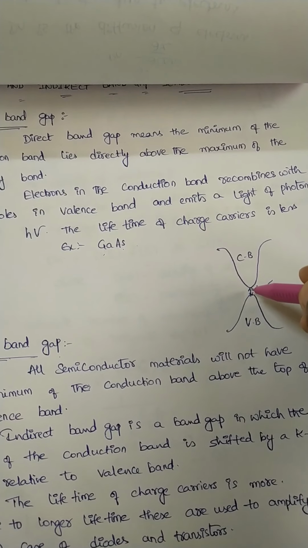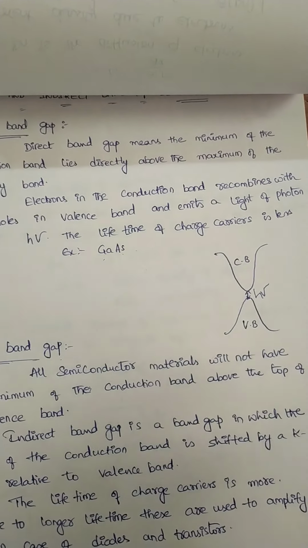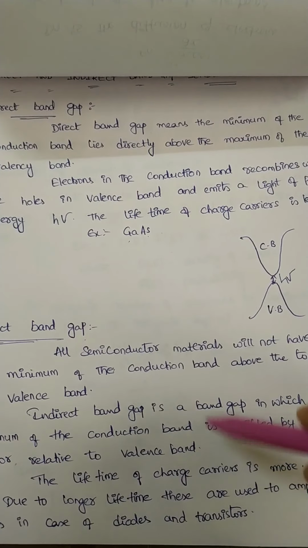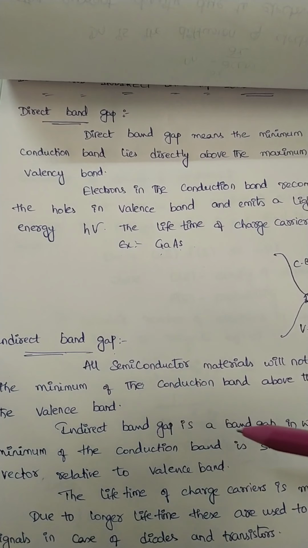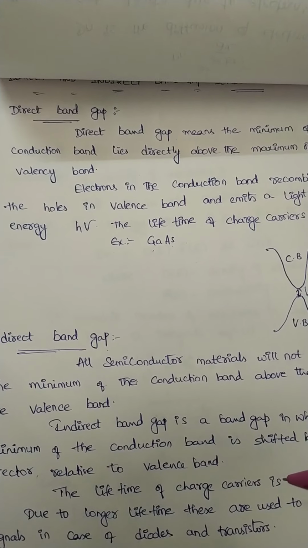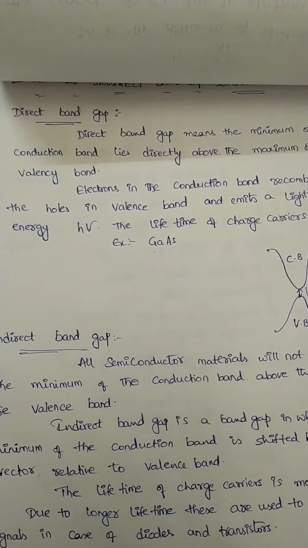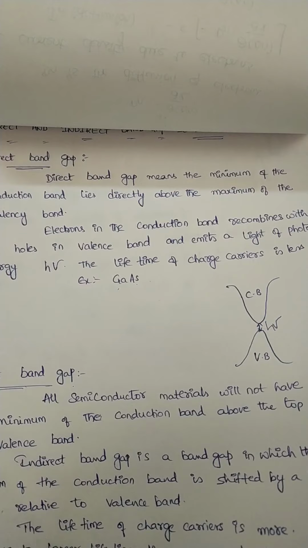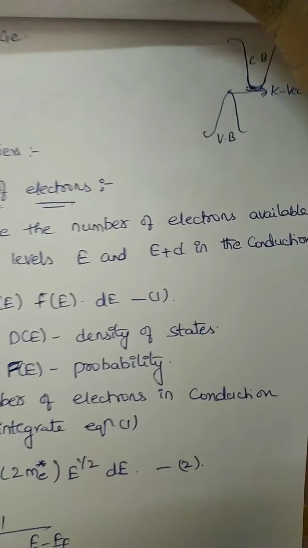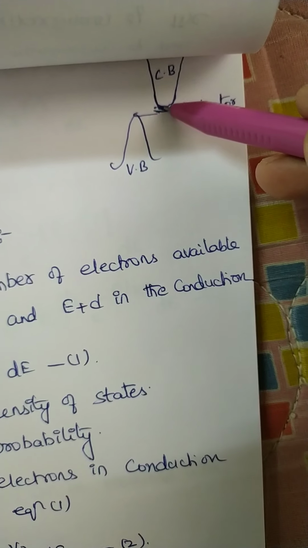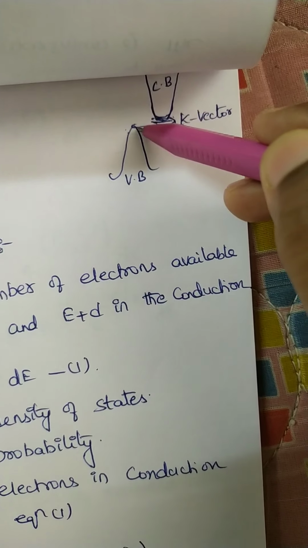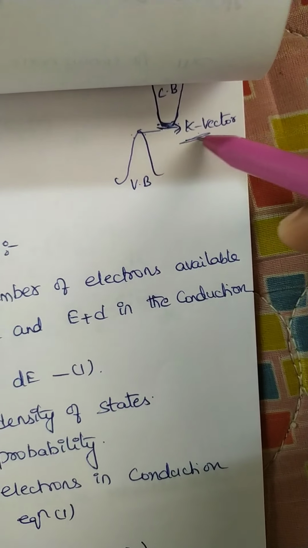That means the band gap is shifted by a k vector relative to the valence band. In the indirect band gap, the lifetime is much more, so they are used to amplify signals in diodes and transistors. The figure is represented like this. Here the minimum of the conduction band is not lying directly above the top of the valence band; they are shifted by the k vector.